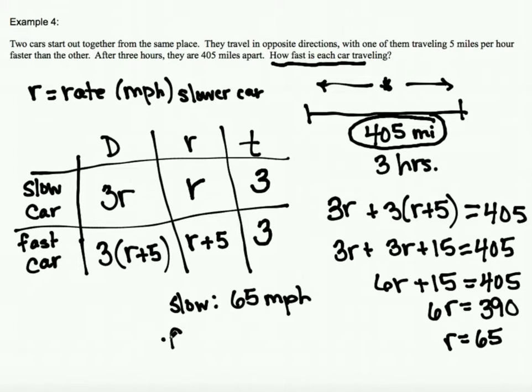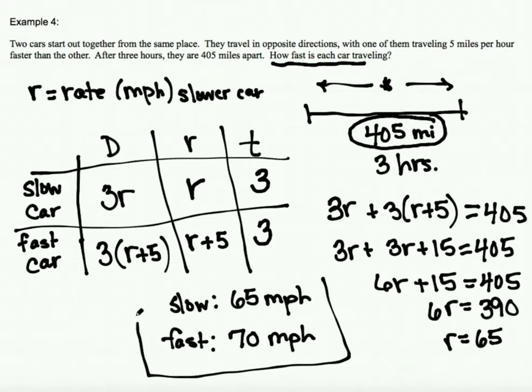Then we have to make sure and tell how fast the fast car is traveling. The fast car is traveling 5 miles per hour faster, so the fast car is traveling 70 miles per hour. So this problem asks for 2 pieces of information, so always go back, make sure you've actually answered the question.